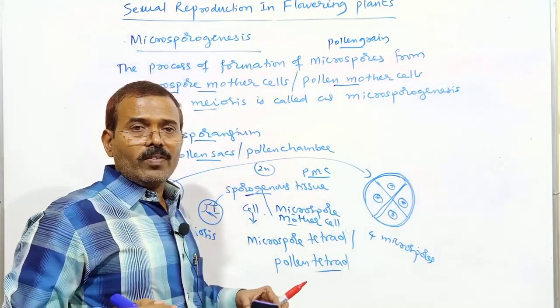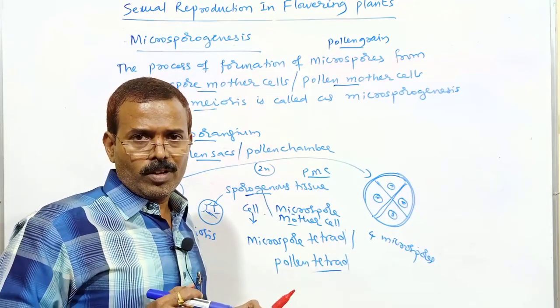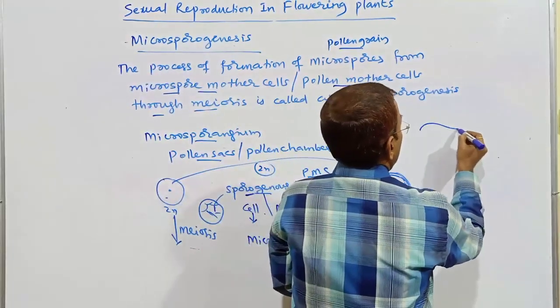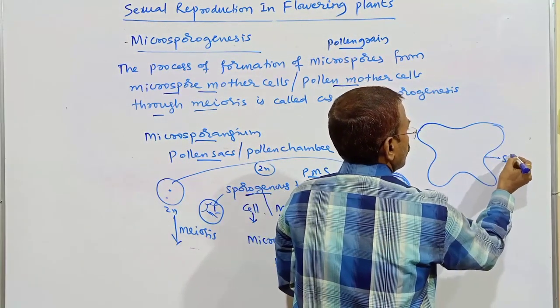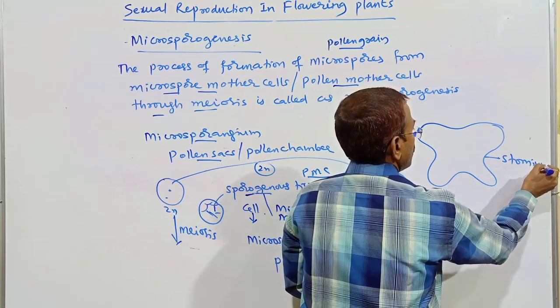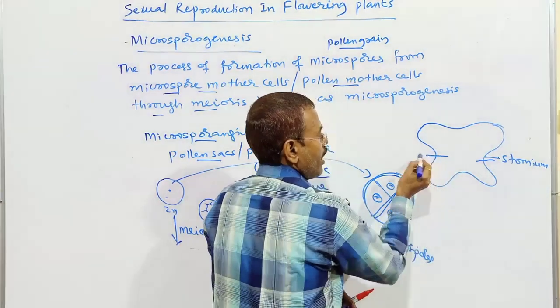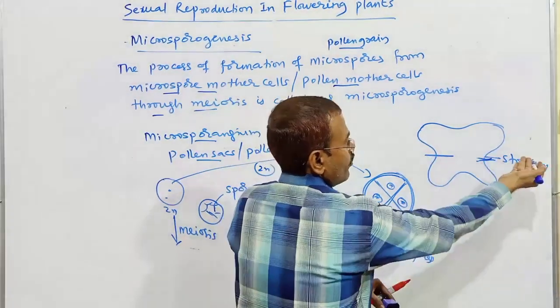So when large number of the pollen grains are produced, on the maturity of the anther, as I told, this region is stomium region. So this is the line of dehiscence, the longitudinal line of dehiscence.